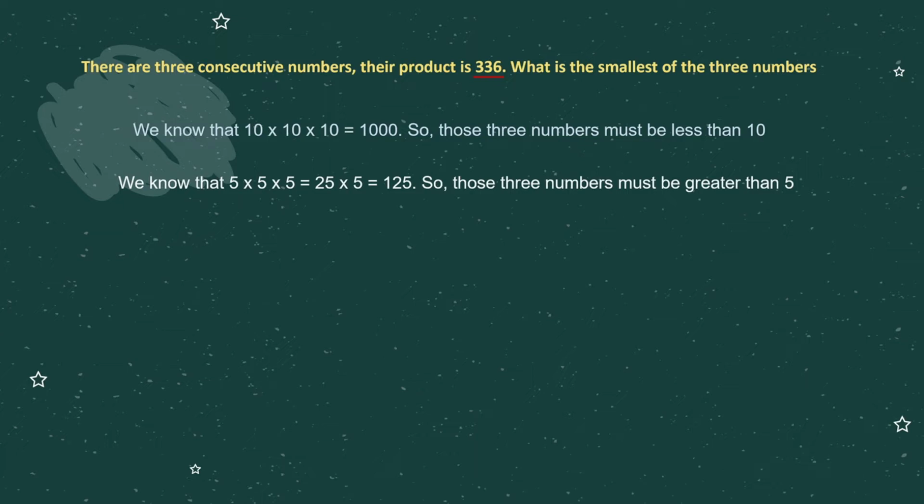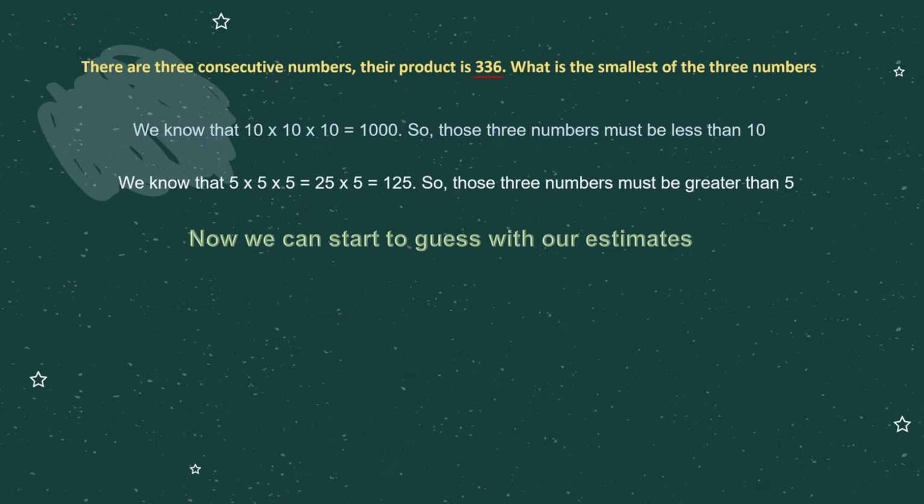So the three numbers must be larger than 5. We now have narrowed down our range from any random number to a number between 5 and 10. This is now a range that is acceptable for us to start guessing, since even if you guess wrong, you can just repeat and you'll be sure that you'll get to the right answer after only a few tries.